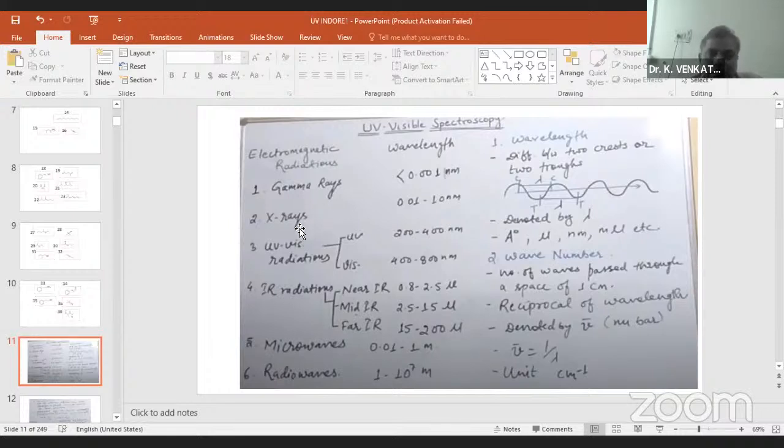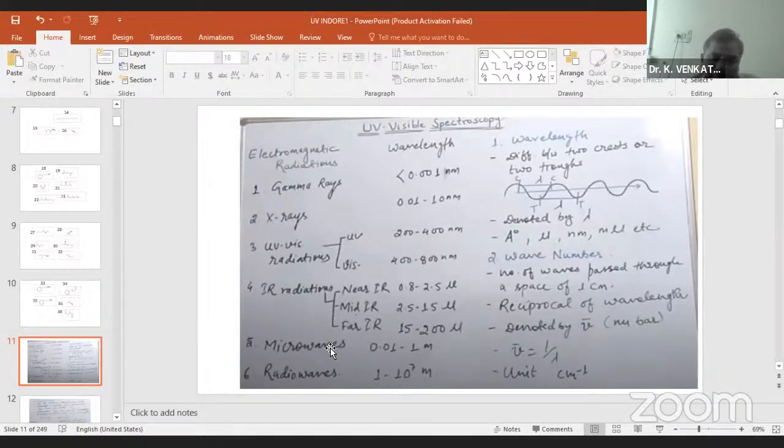Then X-rays: 0.01 to 10 nanometers. UV-visible radiation is UV and visible. The UV range is 200 to 400 nanometers, and the visible range is 400 to 800 nanometers.